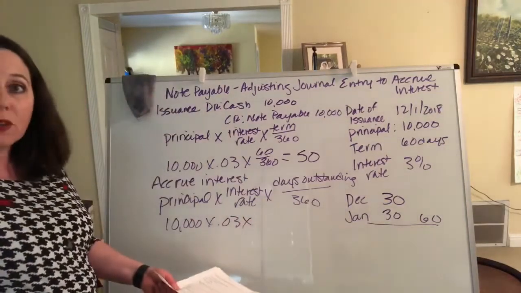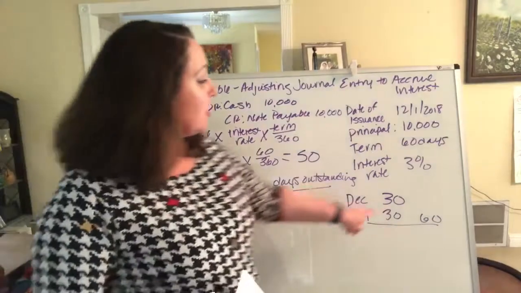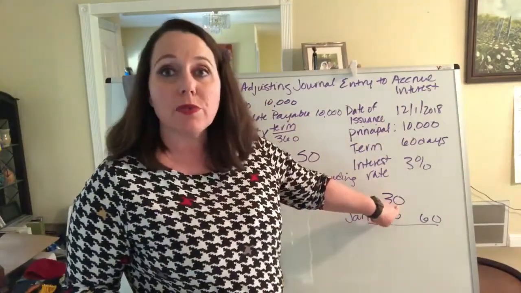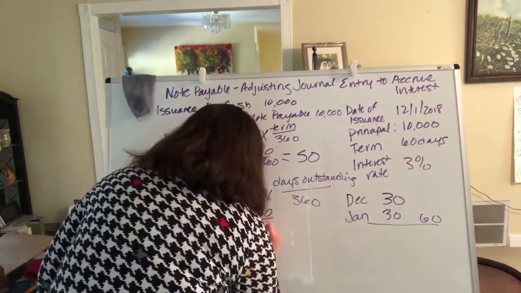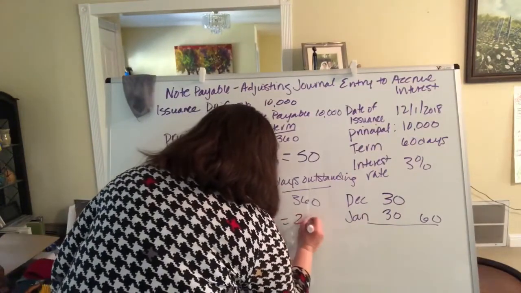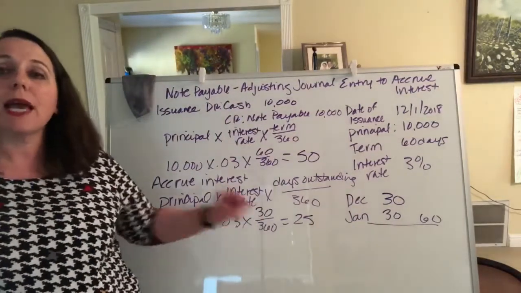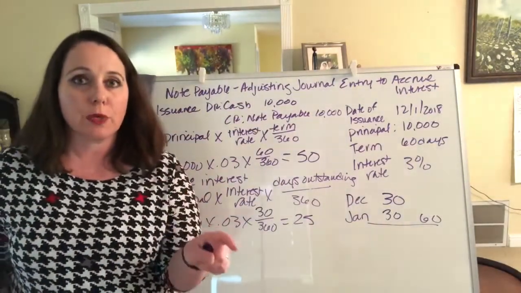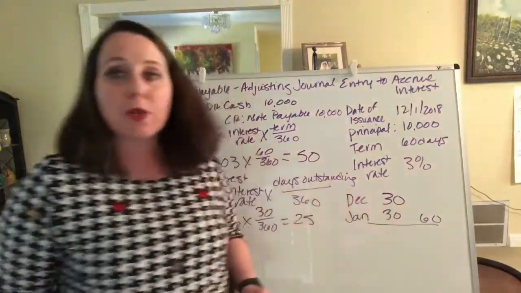Our interest rate is still 3% or 0.03, but the number of days that the note's going to be outstanding at December 31st is only 30 days. So it's going to be 10,000 times 0.03 times 30 over 360, 30 being the number of days that the note's outstanding in 2018.